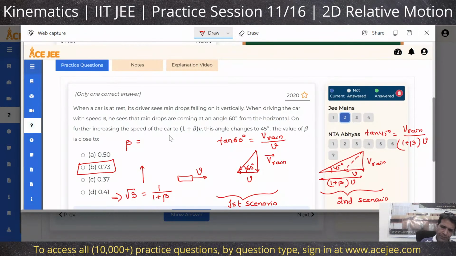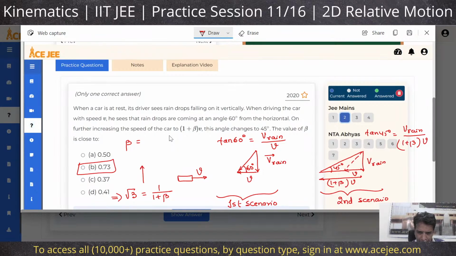Root 3 by 2. Oh, sorry. Root 3. Beta is coming out to be negative, is it? Or have I done something funny here?